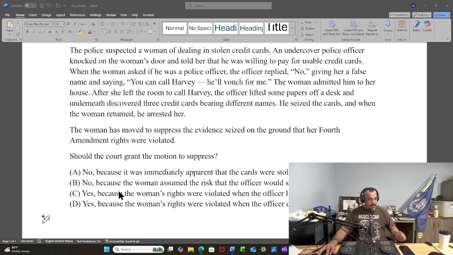Therefore, the correct answer is going to be C. I hope that makes sense to you guys. This type of stuff happens every single day. Every single day, cops have to navigate the Fourth Amendment when it comes to whether or not they have probable cause to search a vehicle, search a house, whatever it is that they're doing.